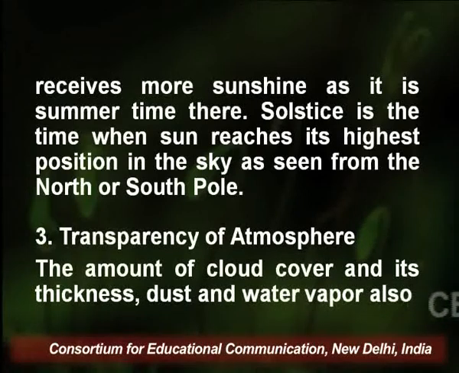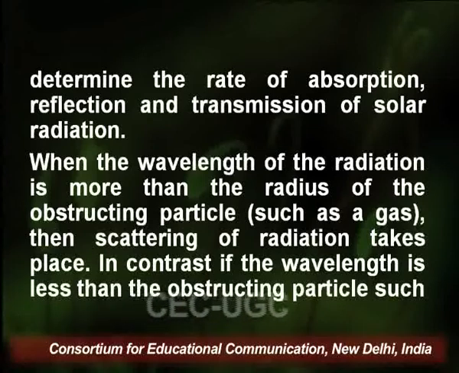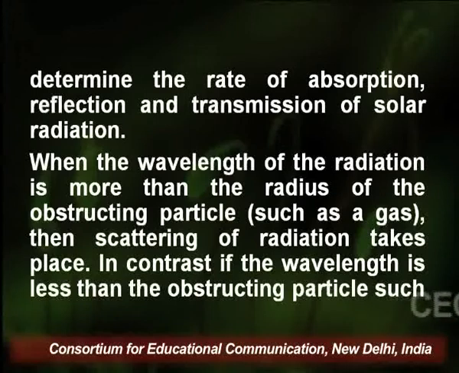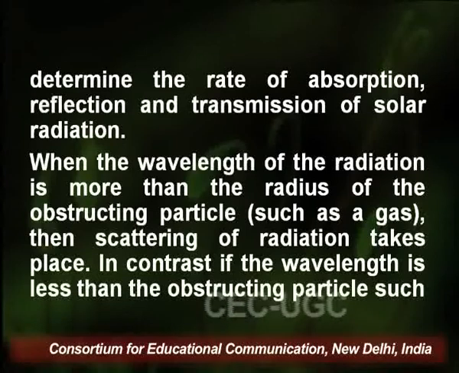As the name suggests, the amount of cloud cover and its thickness, and the dust and water vapor present in it, also determine the rate of absorption, reflection as well as transmission of the solar radiation. So this factor is very important in understanding the amount of solar energy which is trapped.